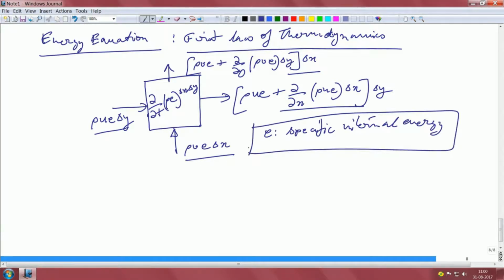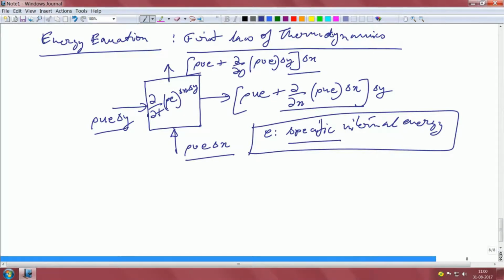Like mass, it is m e basically; it is specific, an intensive property, so you multiply it by the mass to get the total energy flowing in minus whatever is going out.